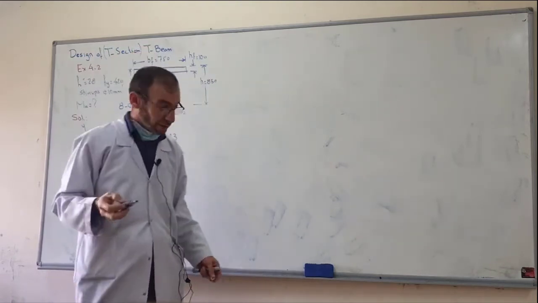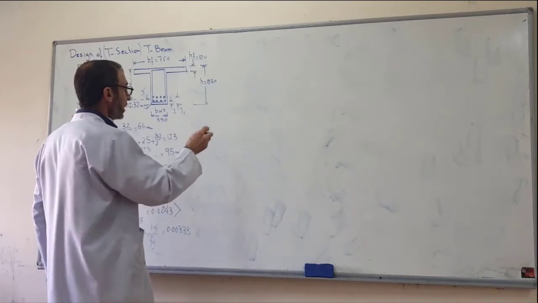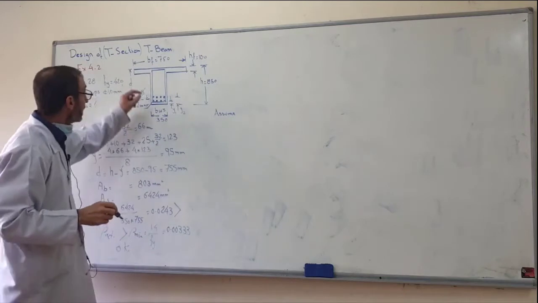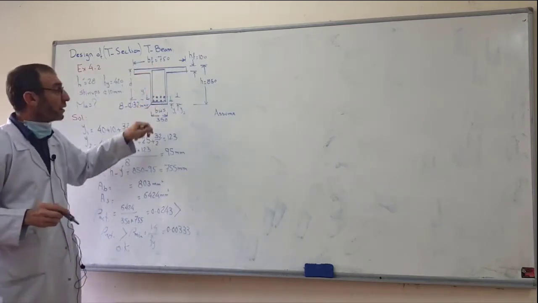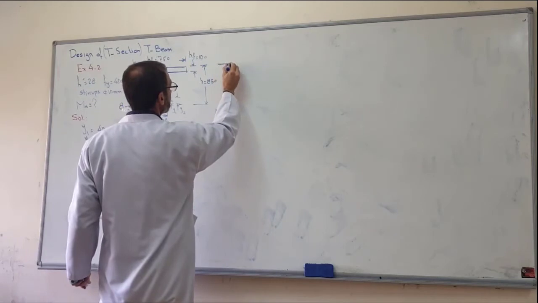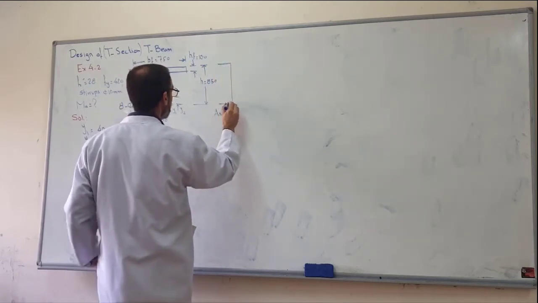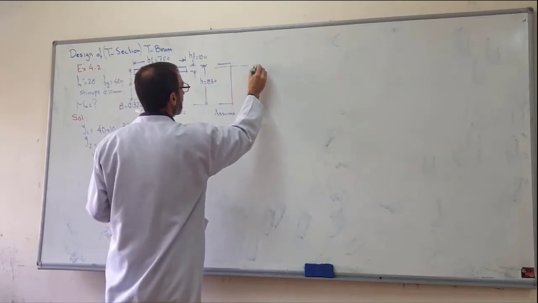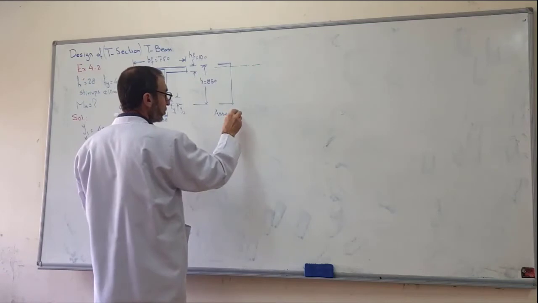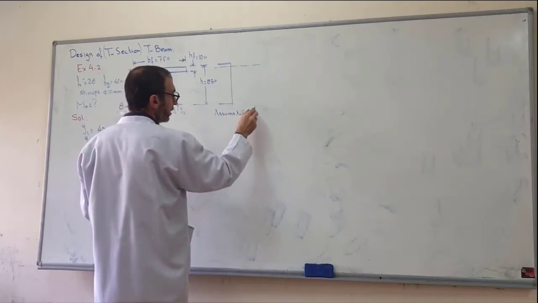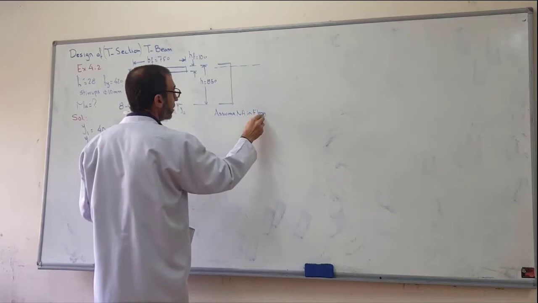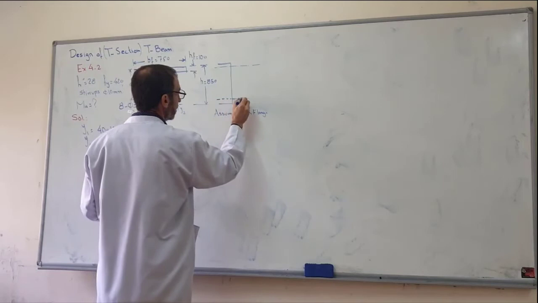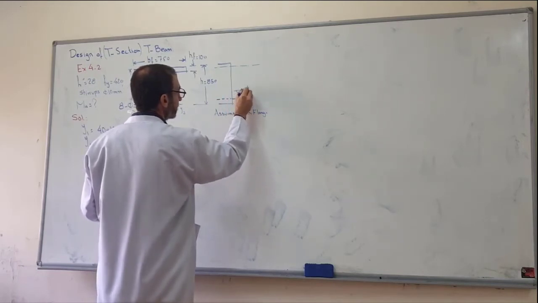Now first assume the neutral axis is in the flange. T equals As FY.